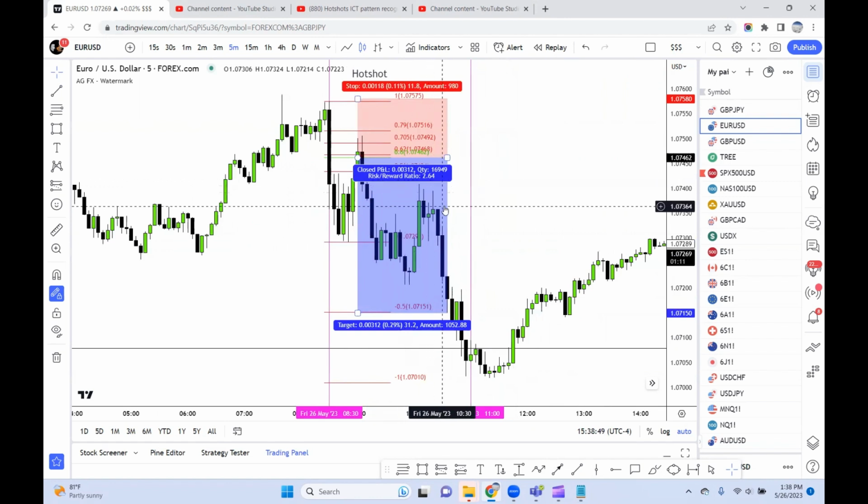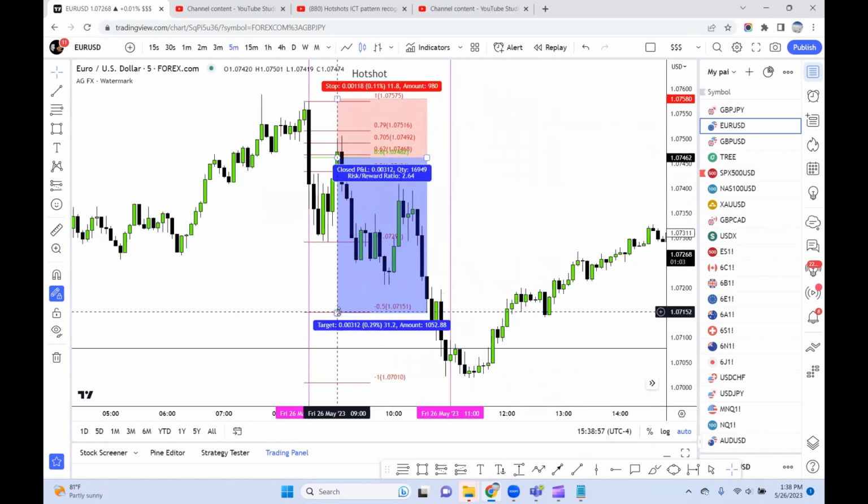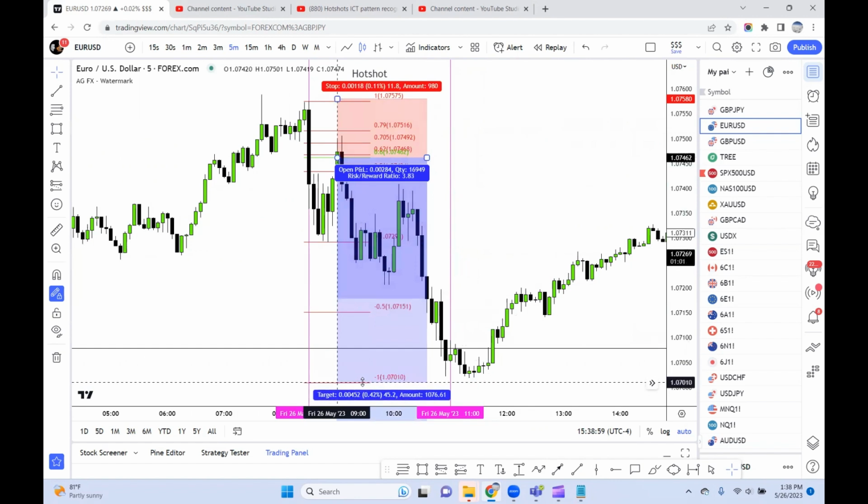This swing high was created, but it's not the second one. So we're going to leave our stop loss where it's at, the 50. And then we're going to target the next one, which next take profit level will be the 20 level right here.